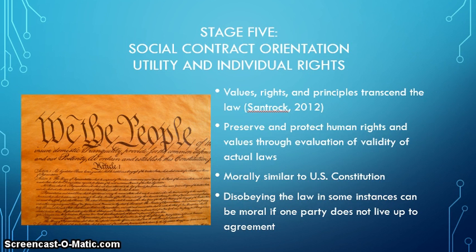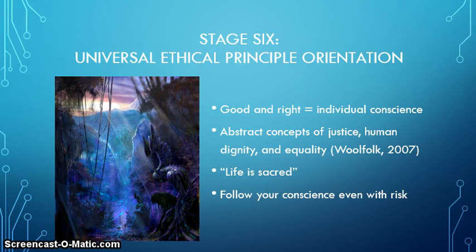So therefore, values, rights, and principles can be above the law. People in this stage preserve and protect human rights and values through an evaluation of the validity of actual laws. And this is morally similar to the U.S. Constitution. Stage 6, universal ethical principle orientation.